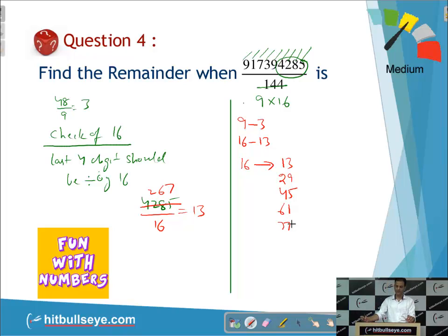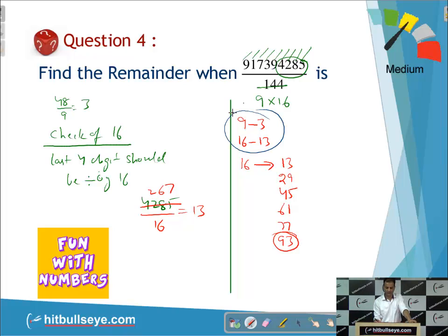Now remainder is 5. 77 plus 16, what we want is remainder 3 when divided by 9. 77 plus 16 is 93. 93 is the number, students, where both the conditions are satisfied.